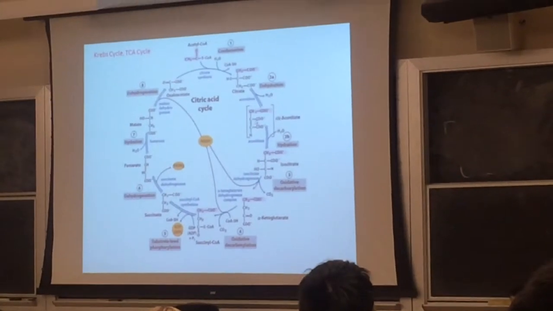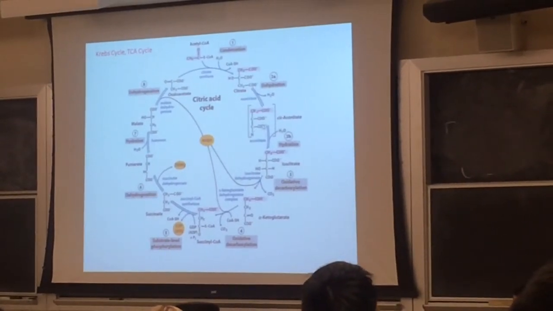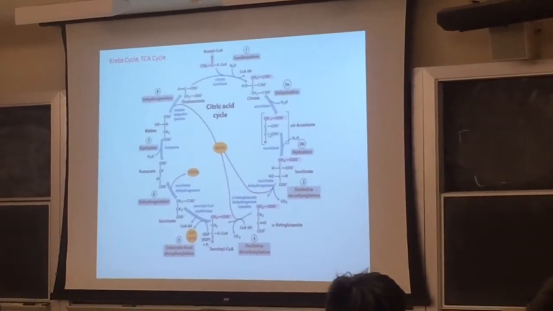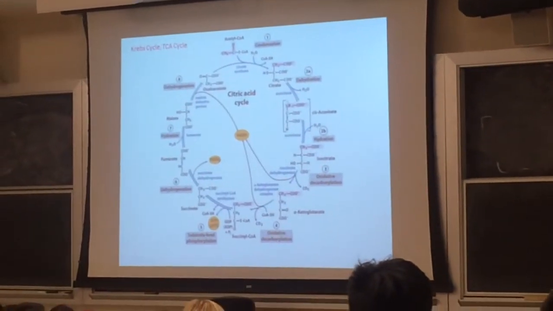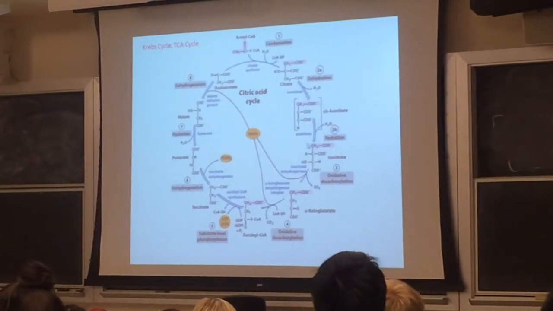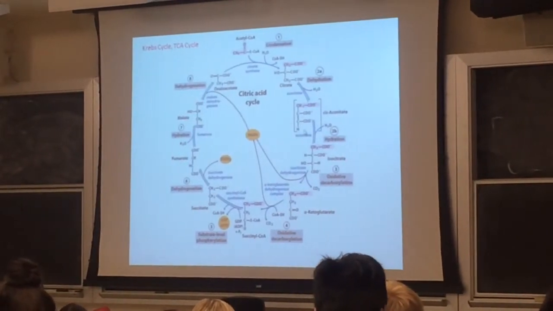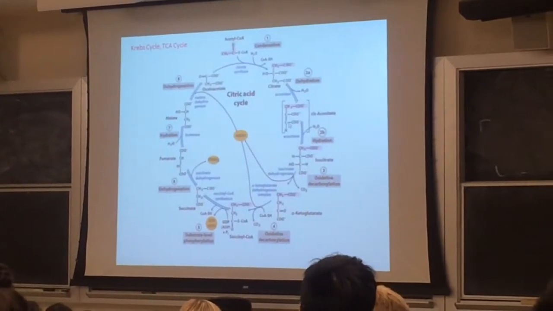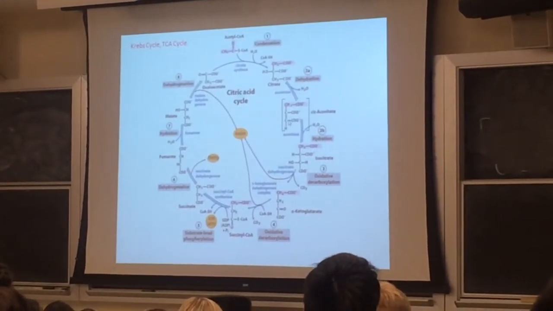What happens here, though, is that there's a cis double bond. So I would like my students to know that in the reaction of citrate going to form isocitrate, there's a cis double bond, and the absence of the water creates that.